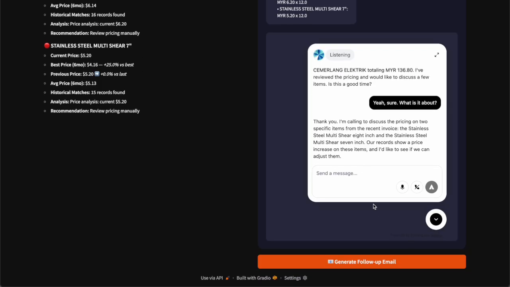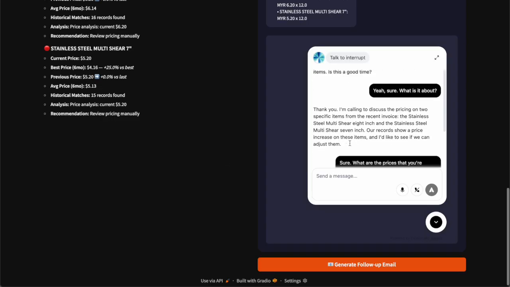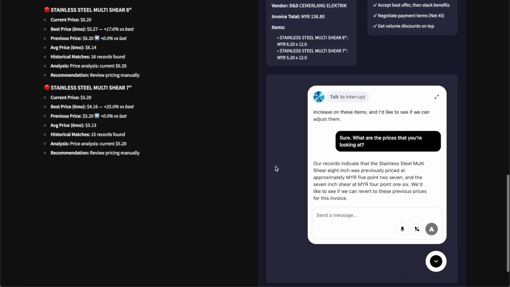Sure. What are the prices that you're looking at? Our records indicate that the stainless steel multi-shear 8-inch was previously priced at approximately MYR 5.27 and the 7-inch shear at MYR 4.16. We'd like to see if we can revert to these previous prices for this invoice. I'm not too sure about that. Let me check.